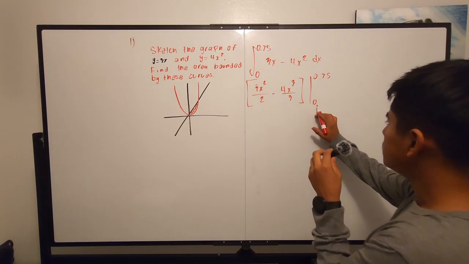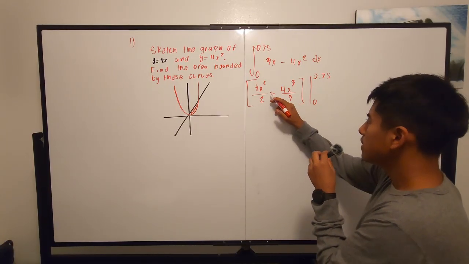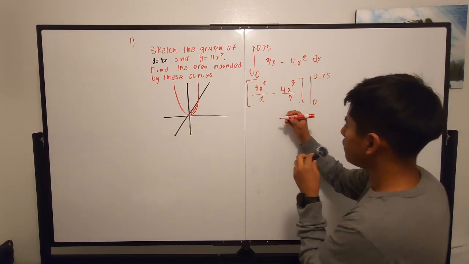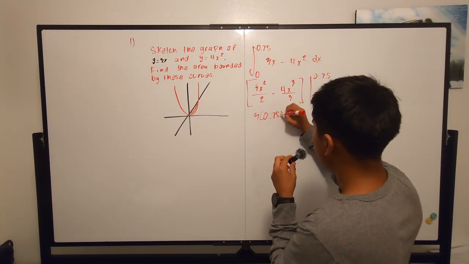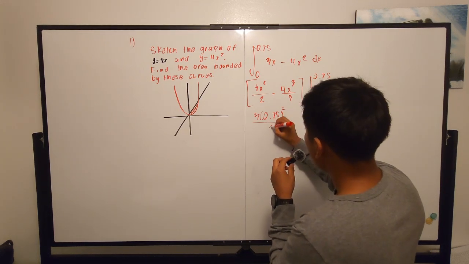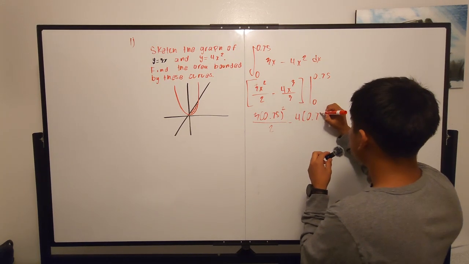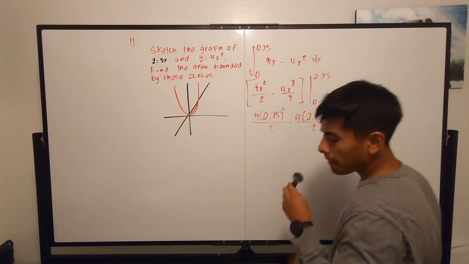Now, if we were to plug 0 in this, that would just come out as 0, so we could just skip that and go straight to 0.75. So we have 3 times 0.75 squared over 2 minus 4 times 0.75 cubed over 3.